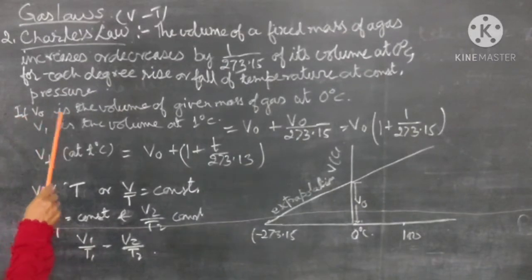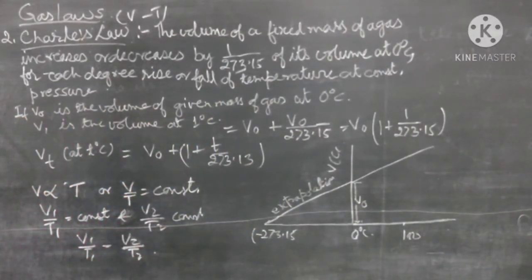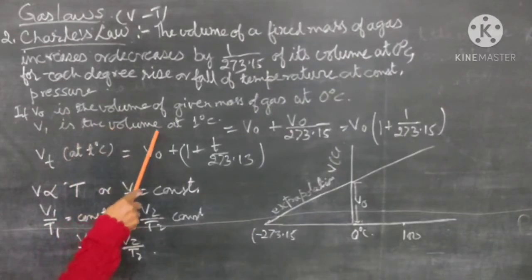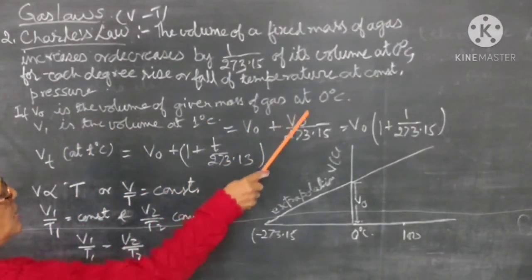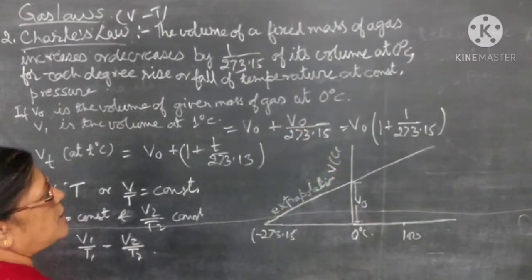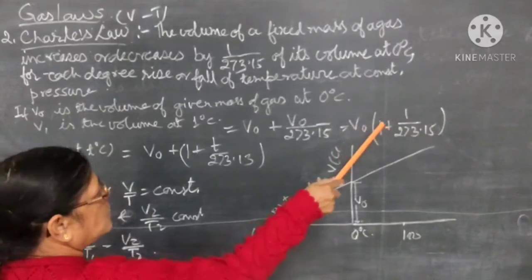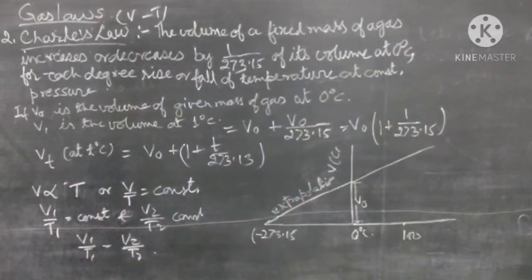Now if V0 is the volume of the given mass of a gas at 0 degrees Celsius, then V1 is the volume at 1 degree Celsius. We can write V1 equal to V0 plus V0 upon 273.15, or taking V0 common, V0 times 1 plus 1 upon 273.15.